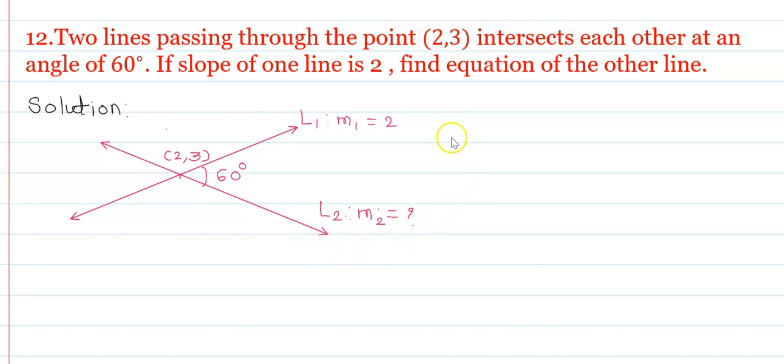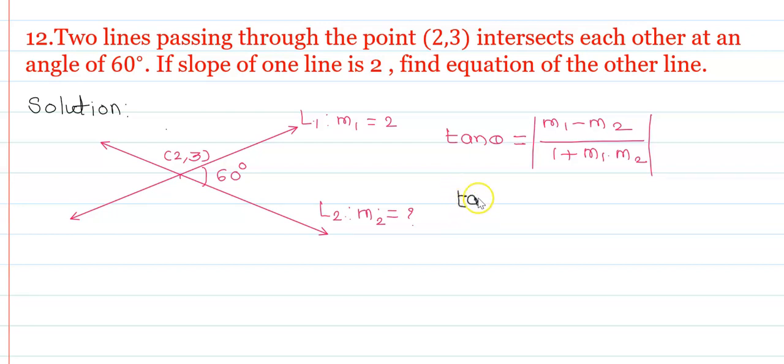Now we know that tan theta is equal to m1 minus m2 upon 1 plus m1 into m2. Okay, this is the formula. Now substitute the value.